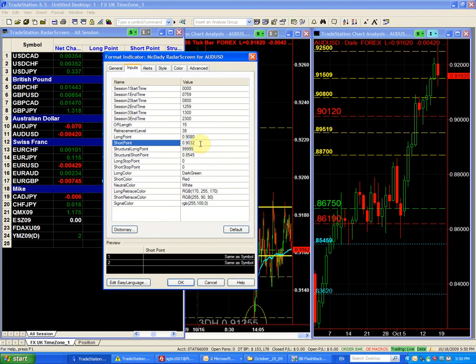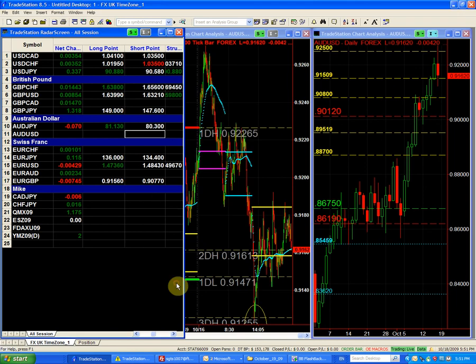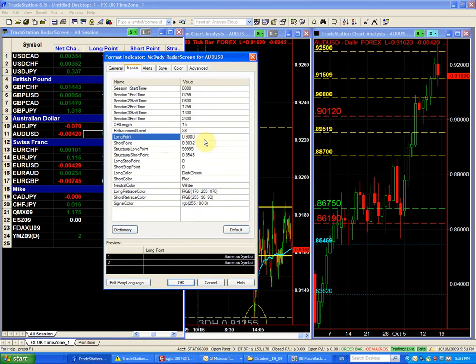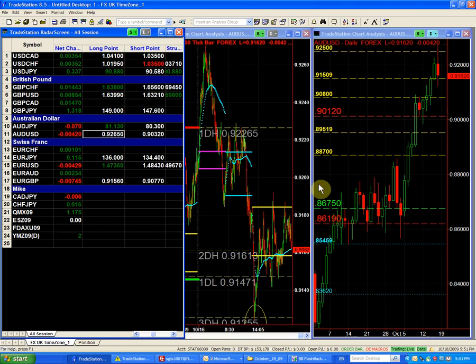So the 90.32 is my selling point, and our buying point is going to be on a trade above the 92.65. These are our buying points as far as the Aussie dollar is concerned.